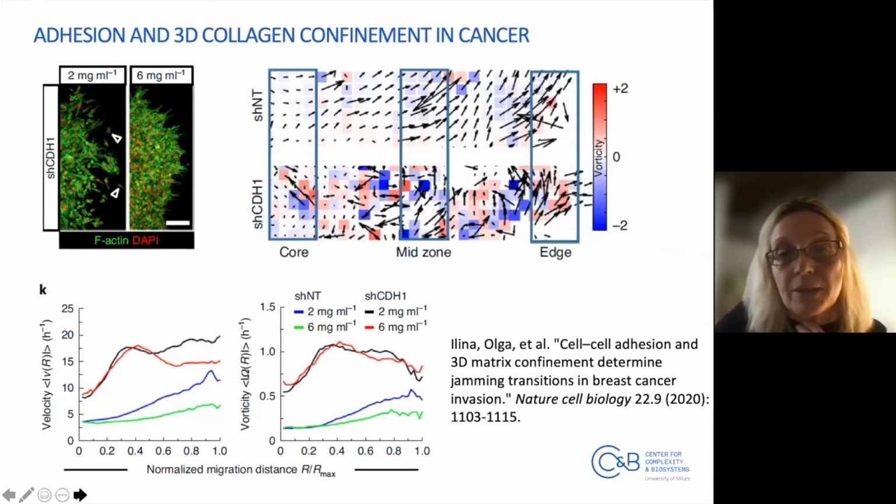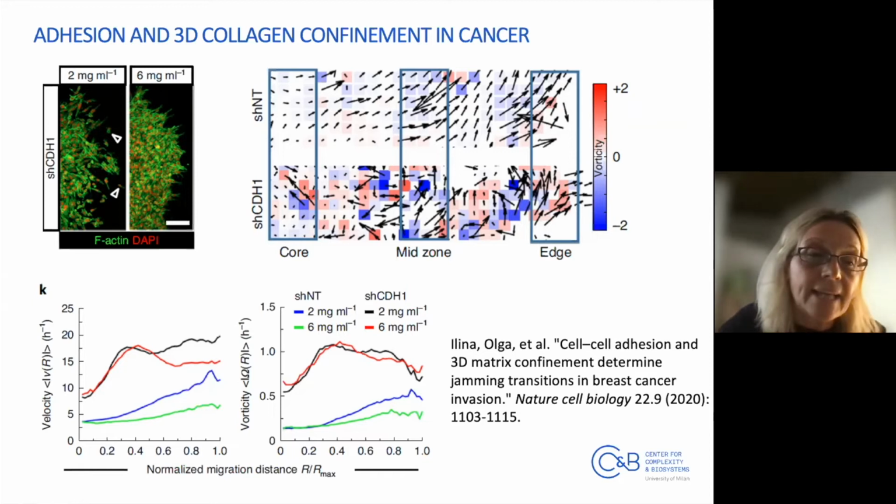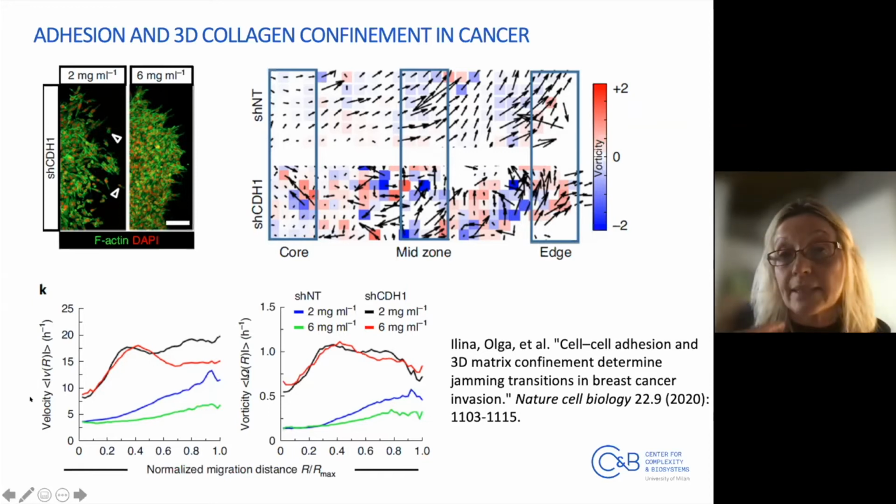Our job was to follow the trajectories and see what happens to the cells. And what we found, just look at the red line and the green one. The red line is the cells that are not expressing the adhesion molecule. And you see that these cells are faster. They have a higher velocity.